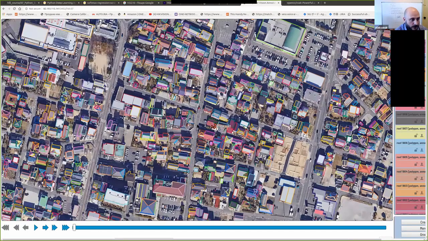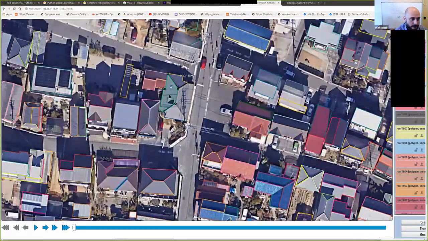So each building has a roof, and this roof has several sections, several parts, and we use different polygons to annotate data here.